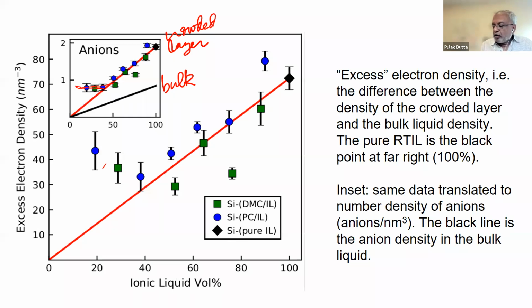So for a large range of reasonably concentrated, 40% ionic liquid or more, what we find is that the density just shrinks, as though the ratio of solvent to IL is the same in the crowded layer as in the bulk. But down here, you start to see a deviation.